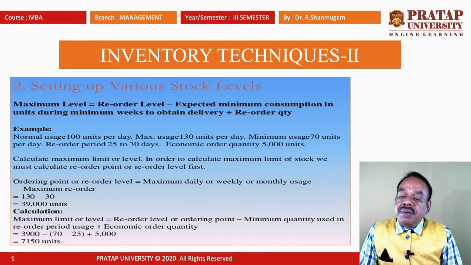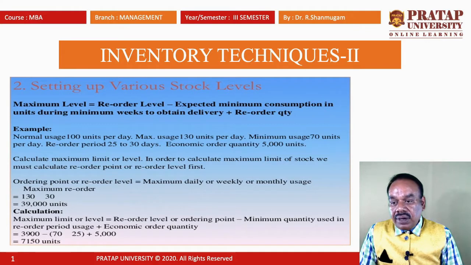Then maximum limit or level equals reorder level or ordering point, minus minimum quantity used in reorder period usage, plus economic order quantity. We already got the ordering point 3900 units, minus the minimum usage of 70 units and the reorder period, where we go for the minimum, 25, plus economic order quantity 5000 units.